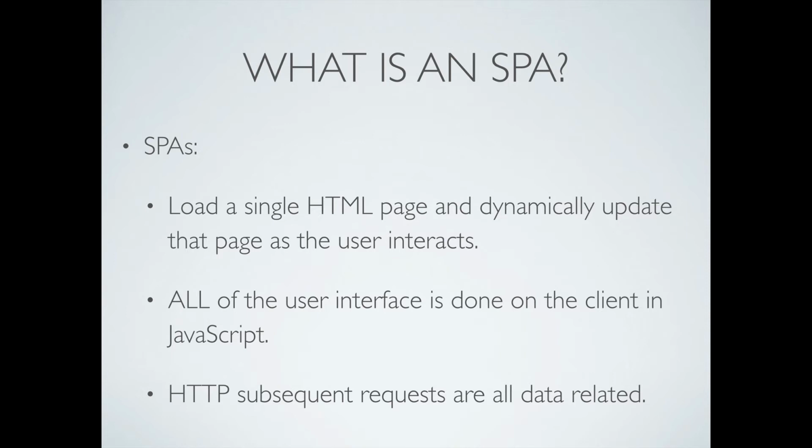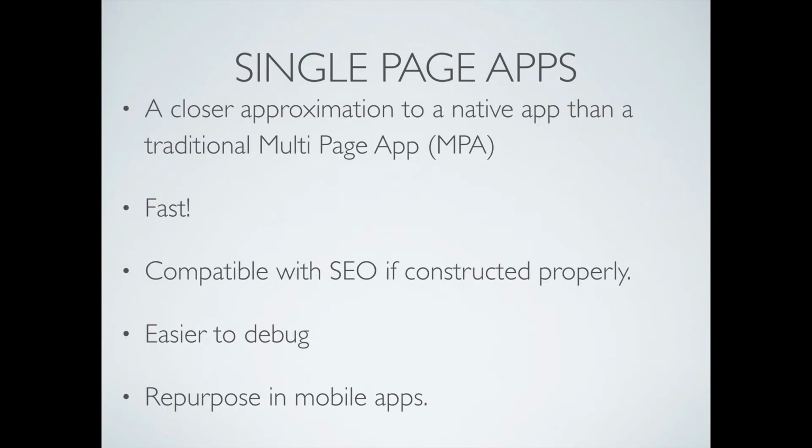So you get one page, and if it looks like you're going to another page, you're really just using JavaScript to change what's displayed on that page. Any communication back with the server is not to get another web page, but just to get data to display on the page, ticket prices or seat availability, or whatever your app is. Now, if generating web pages inside the browser itself sounds complicated, well, to some extent it is a little bit.